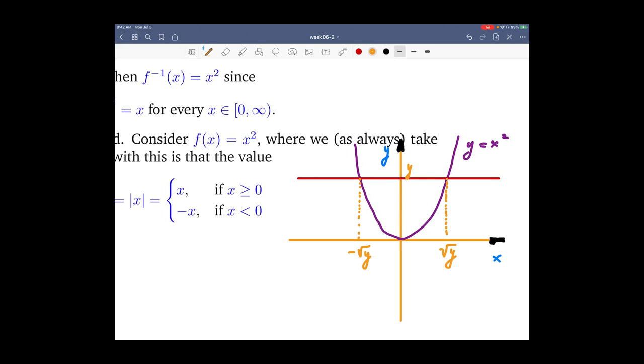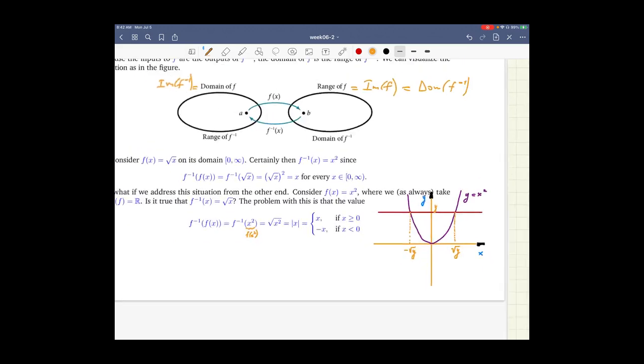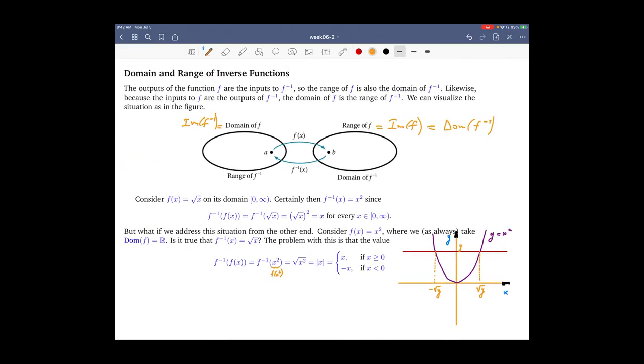And that is a problem. That is the reason why, in this case, our function x squared doesn't have an inverse. There is no unique value that corresponds to a fixed y.